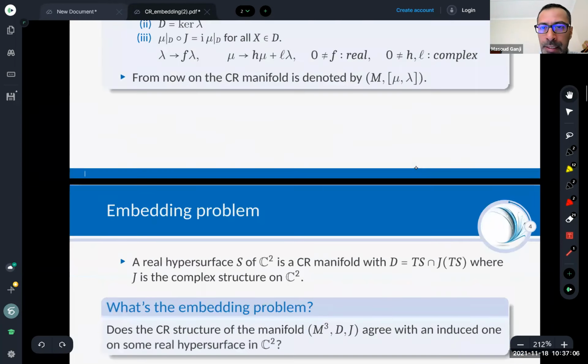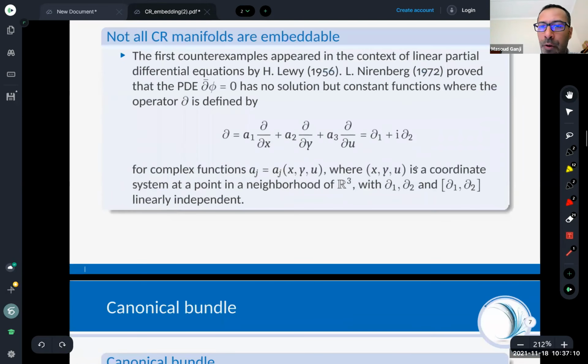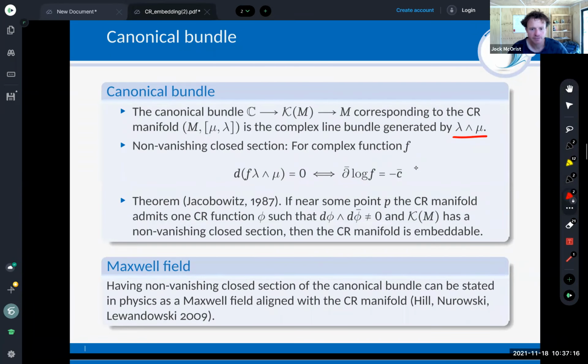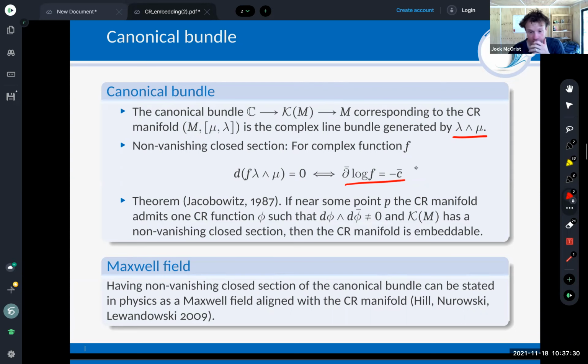Lambda wedge mu is the generator of the canonical bundle. So having a closed section means you have an arbitrary function f satisfying this equation. Does that make sense to you? Yeah, I think so. Very good.